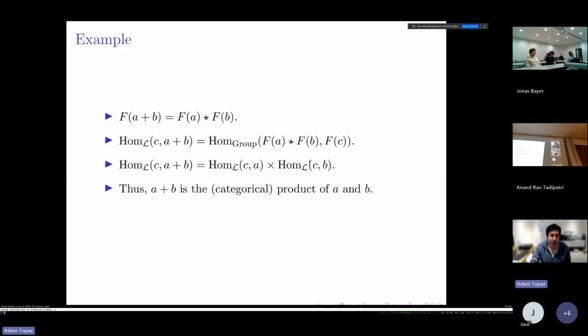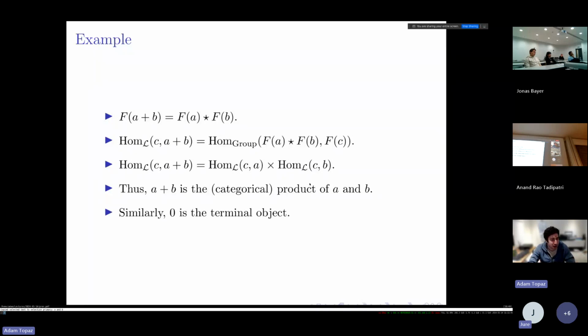And we obtained a category, L, on the natural numbers where a plus b behaves like the product of a and b in the category. Well, a similar reasoning can show you that the natural number 0 behaves like the terminal object in this category.